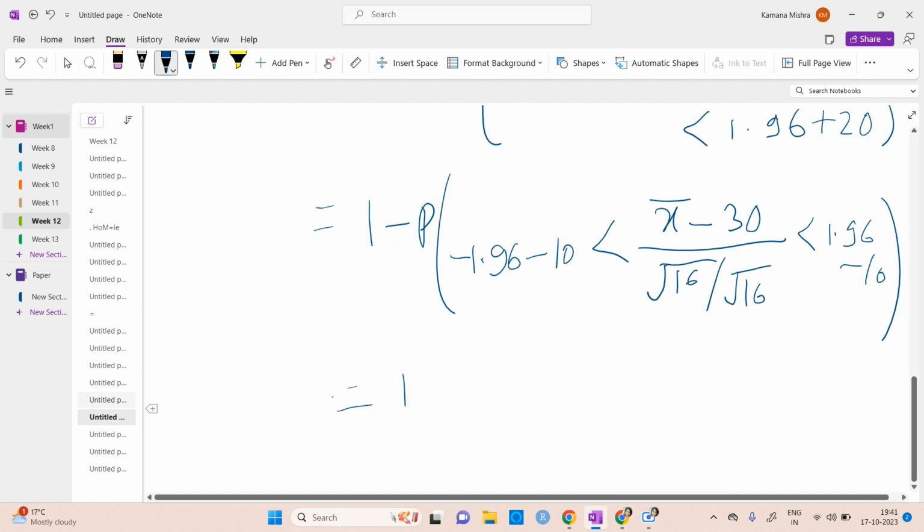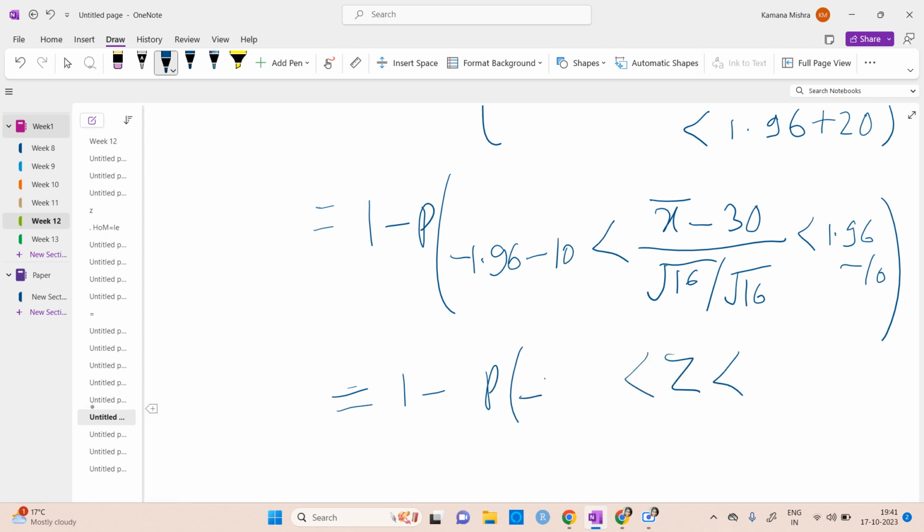So this is 1 minus p, and z is in between minus 11.96 and minus 8.04, right?